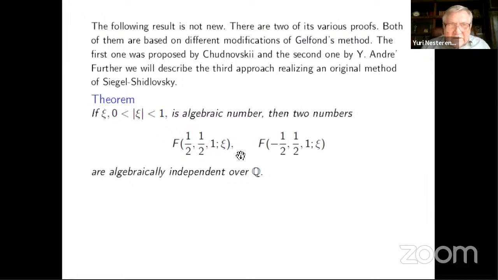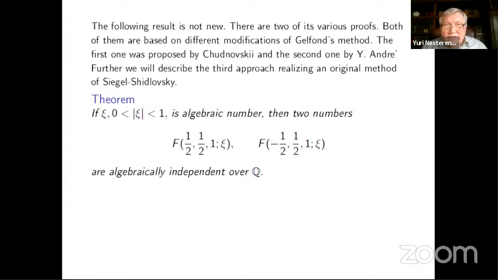The following result is not new. There are two different proofs of it, both based on different modifications of the Gelfond method. The first one was proposed by Chudnovsky, and the second one by Ivan Rey.